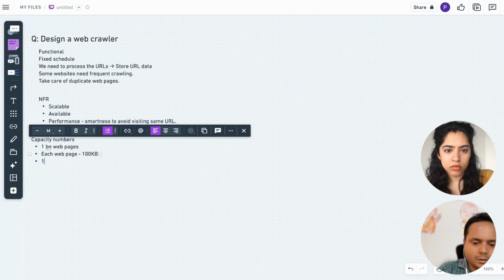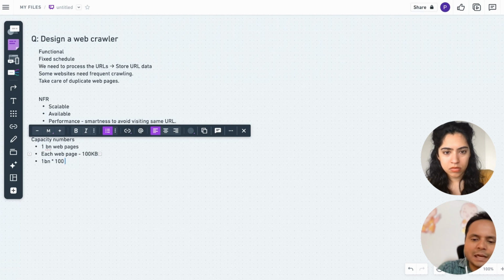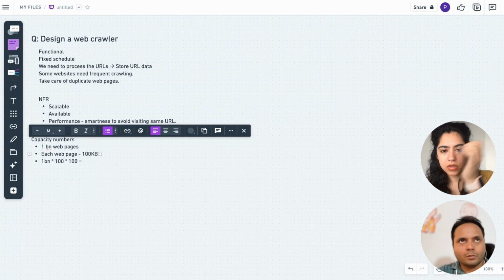Let me put it this way. I'm bad with the number of zeros. So 1 billion, and each page will be 100 KB. I would also put into perspective that each website has a different number of pages, so on average I will assume each website has 100 pages. With this calculation, a million is 10 to the power of 6, a billion is 10 to the power of 9.